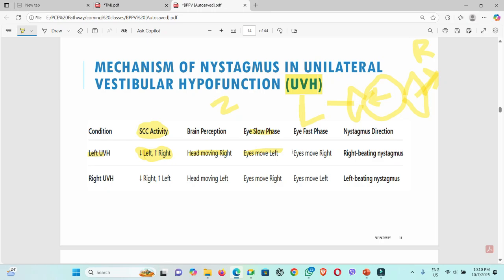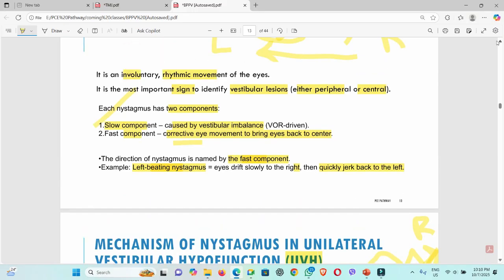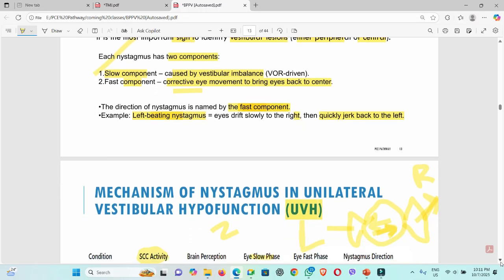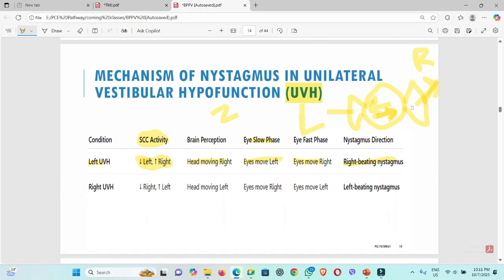And the corrective movement is the eye moving back to the right side. So we will call it right beating nystagmus, because the correction happens at a faster speed, and we name nystagmus on the basis of the fast component. Which side is the fast component happening? The fast component is happening towards the right side. So it is right beating nystagmus.